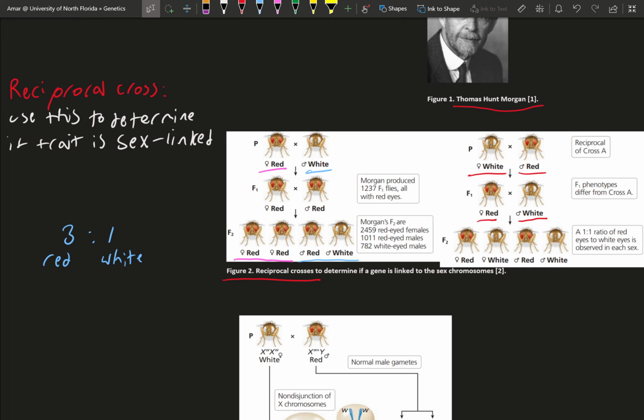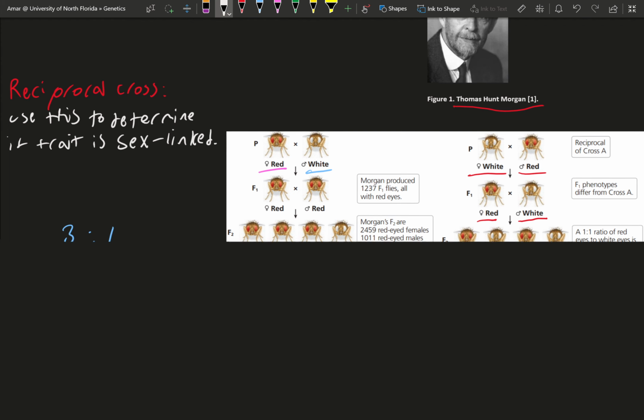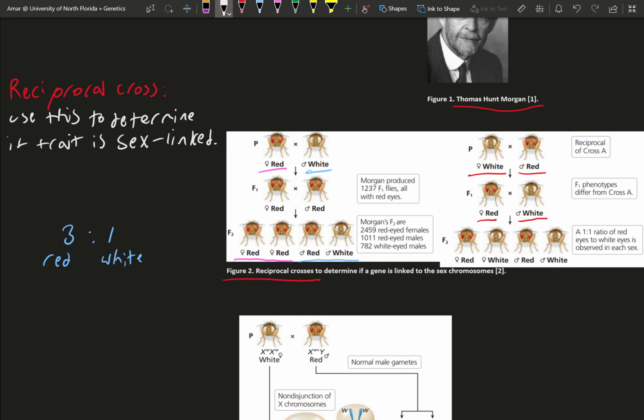In other words, these traits are being found on the X or the Y chromosome of these animals. So the way you would do a reciprocal cross, as I mentioned, is you change the sexes from the original cross. Change the phenotypes.